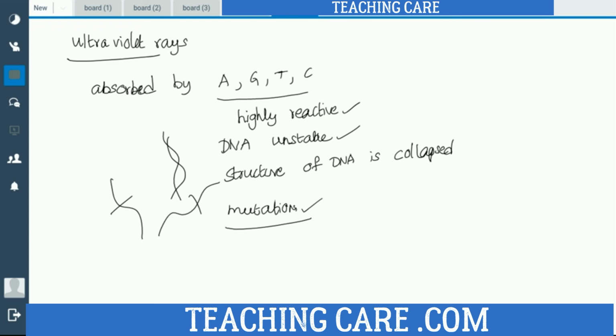Sir, please repeat the ultraviolet rays. Ultraviolet rays are absorbed by nitrogen bases. In DNA there are nitrogen bases: adenine, guanine, thymine, cytosine, etc. Generally, DNA itself is less reactive, it is not highly reactive.